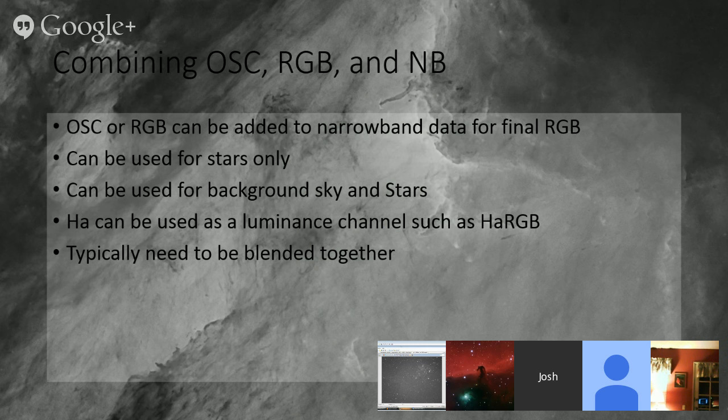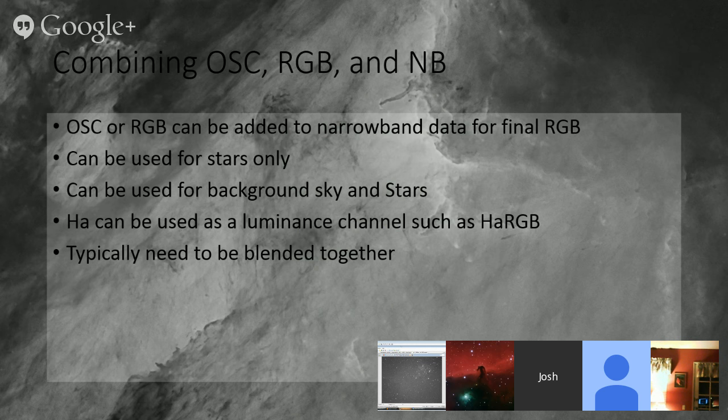Sometimes I get some weird blotchiness with my narrowband backgrounds, or gradients that are tough, especially when I'm doing hour-long subs in O3. The gradients are challenging to deal with, so I might want to replace the background sky with my RGB sky, which is a little easier to balance and remove gradients from.